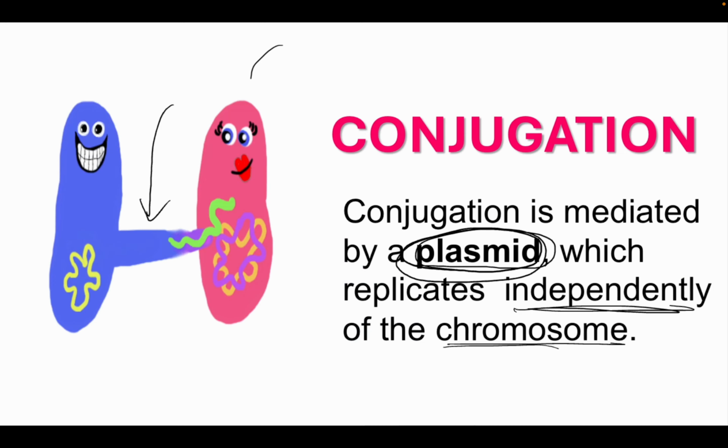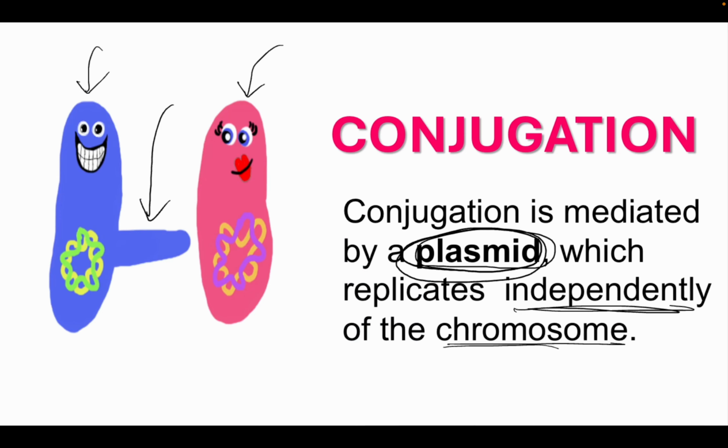So if this one is a susceptible bacterium and this one is resistant to a certain antimicrobial, then that green structure transferred to the pink bacterium, which is susceptible, will make the pink bacterium resistant to a certain antimicrobial agent.